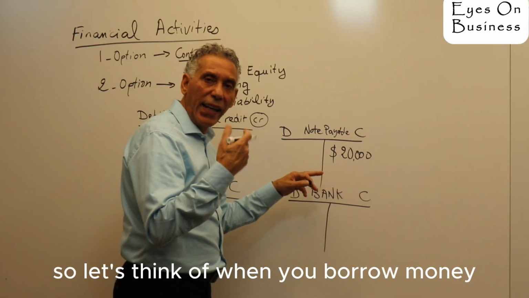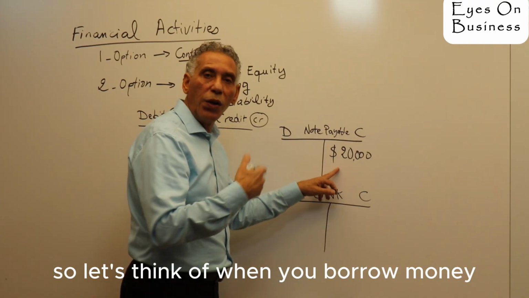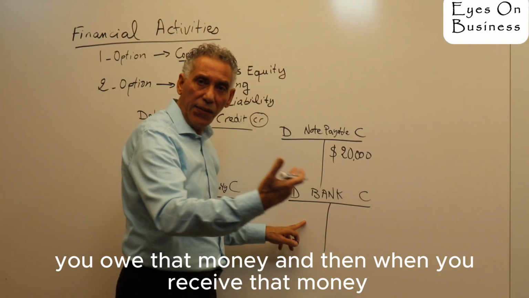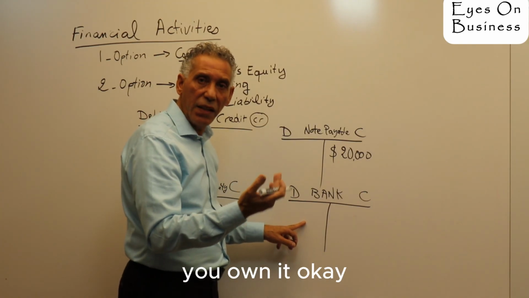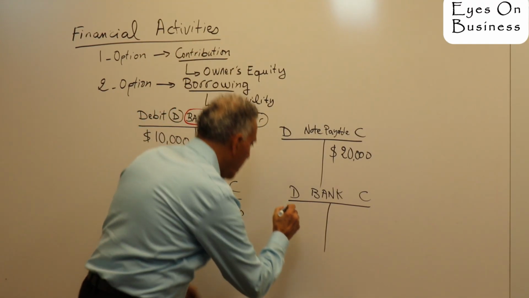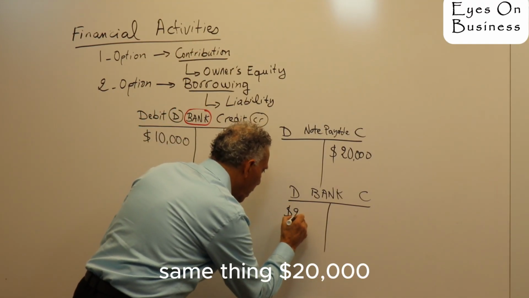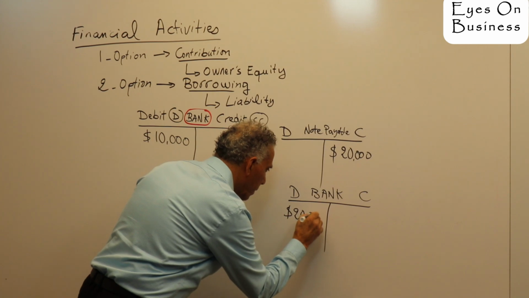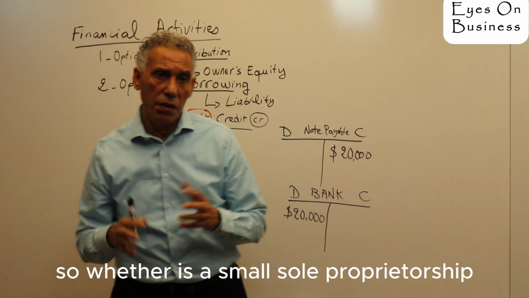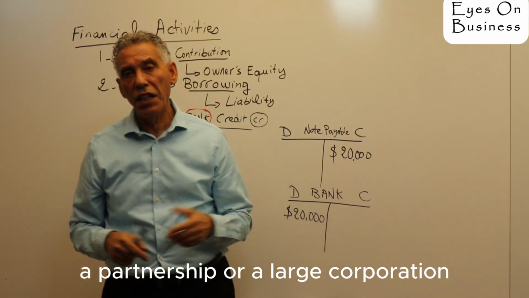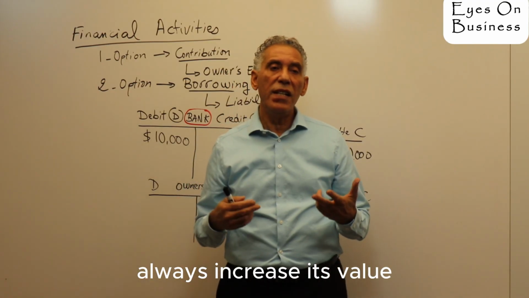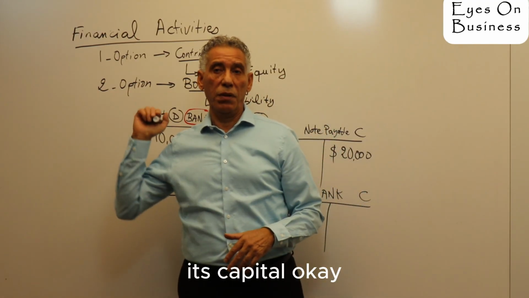Let's think of when you borrow money, you owe that money. And then when you receive that money, you own it. So we are going to deposit it into our bank accounts. Same thing, $20,000. So whether it is a small sole proprietorship, a partnership, or a large corporation, it increases its value, its capital.